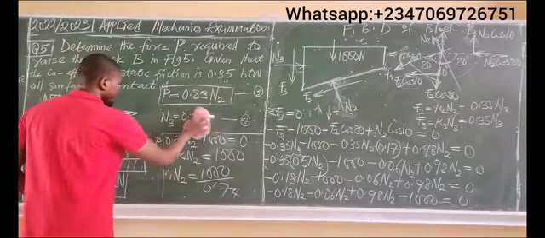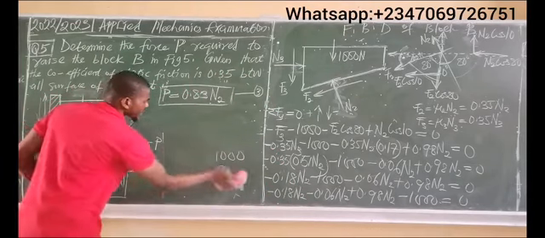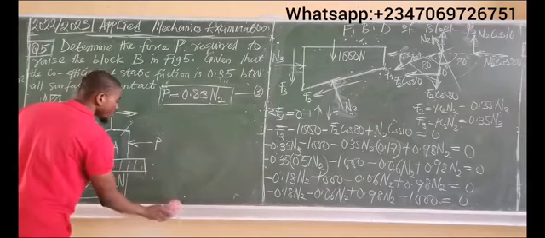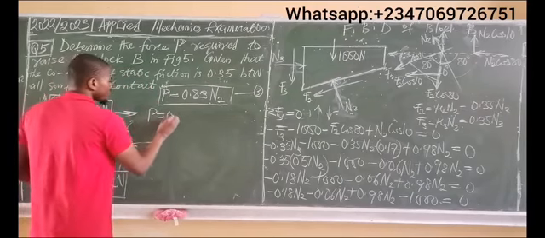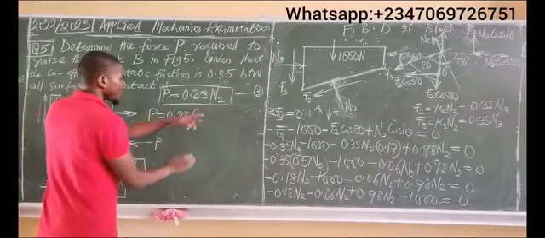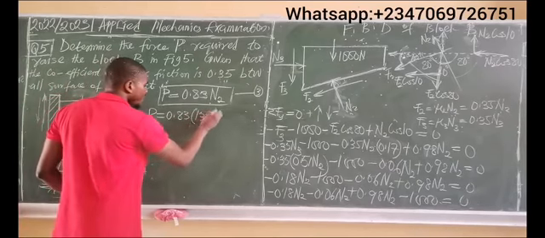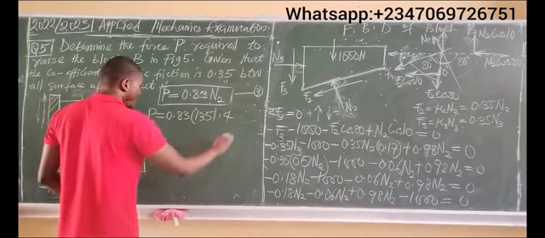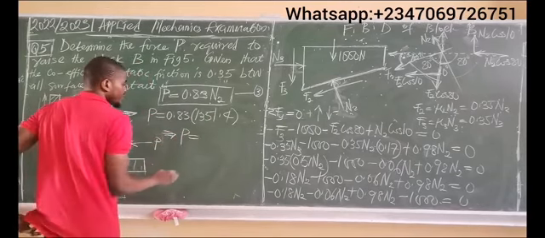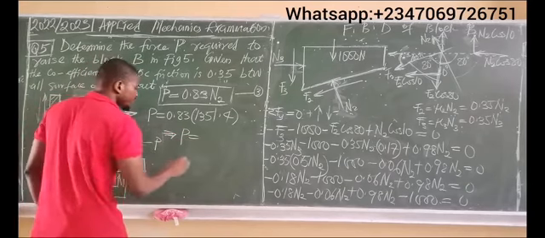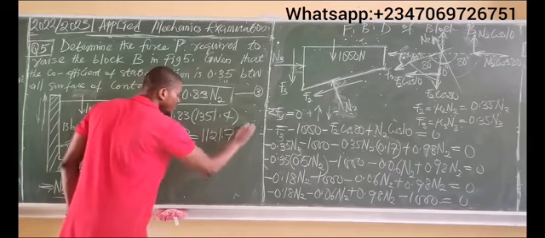So let's do that and see. Substituting that into equation 3, we can now find the value of P, which causes the motion. So P is equal to 0.83 multiplied by N2, and N2 is 1351.4. So this simply implies that the value of P is 1121.7 newtons.